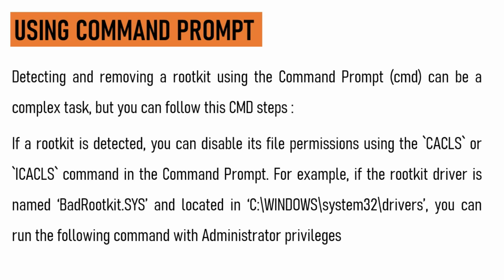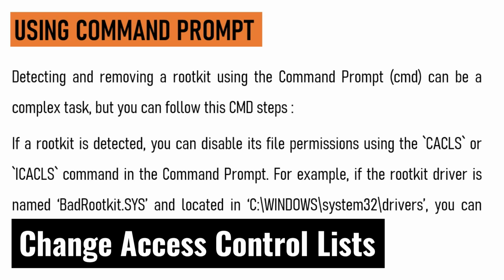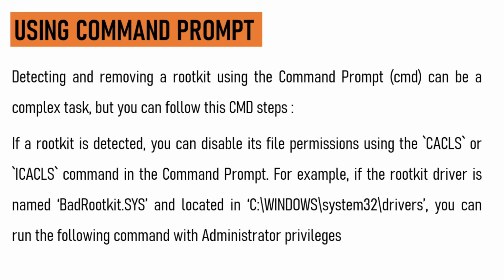The cacls, which stands for Change Access Control List, is a procedure we can use to deny access to a user without changing any access privilege assigned. So when we apply this command to our computer system, it's going to deny access to every user, especially a rootkit attacker.